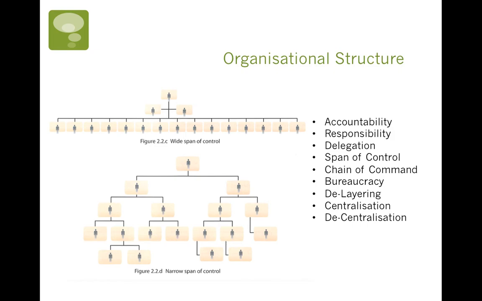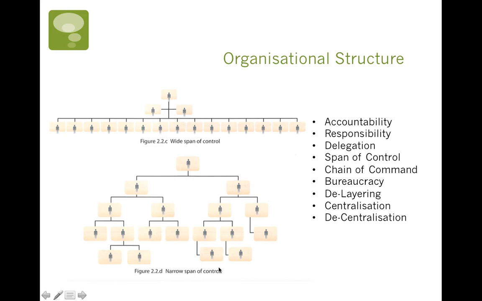And then we have the idea of centralisation and decentralisation. This talks about whether decision making happens in the centre of the organisation and just gets devolved out and the message gets passed on, or whether decision making can actually happen at a lower level, away from the centre of the organisation.